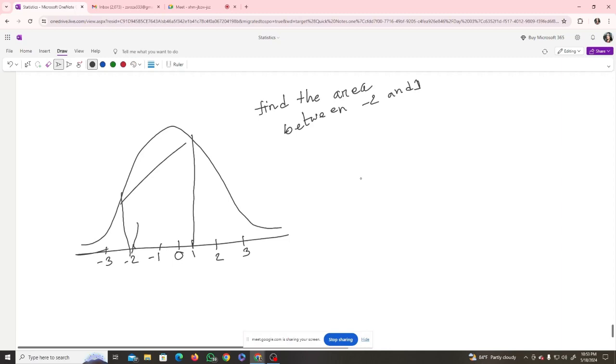If this is our mean, this is one standard deviation to the right, and this is -2, two standard deviations to the left, or -2 standard deviation, you can also tell it like this. So you have to find the percentage of the value in this area.